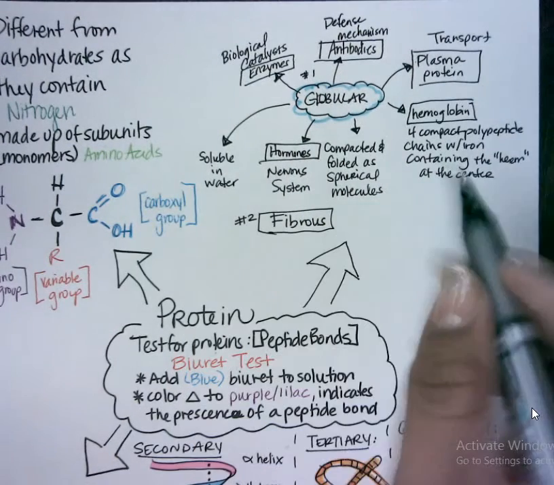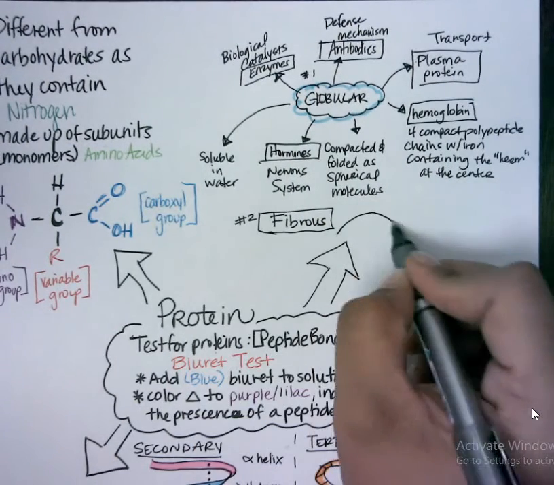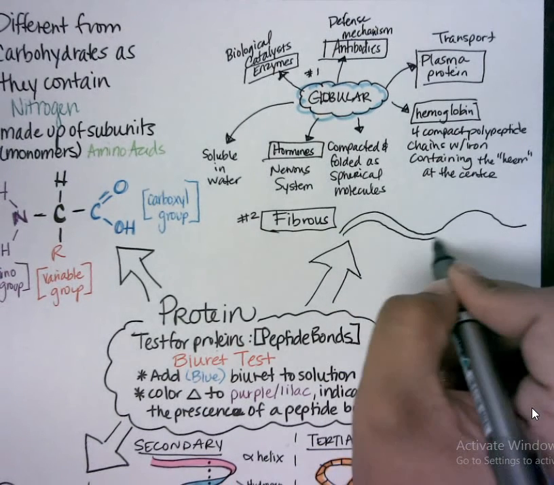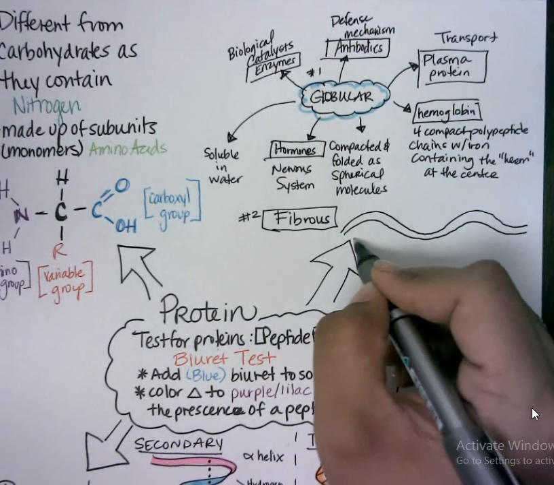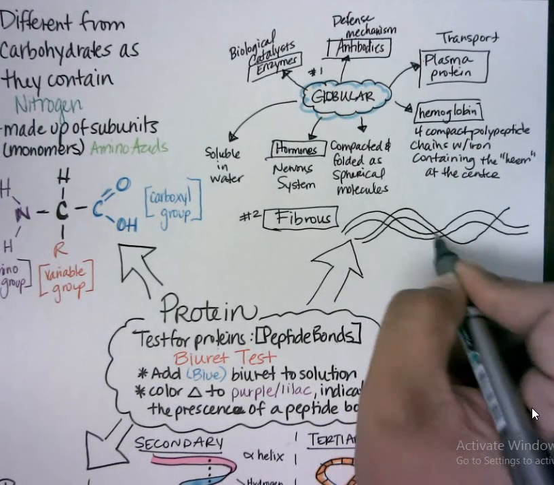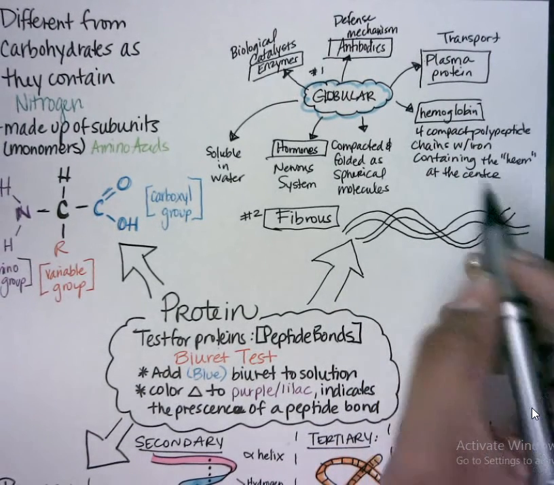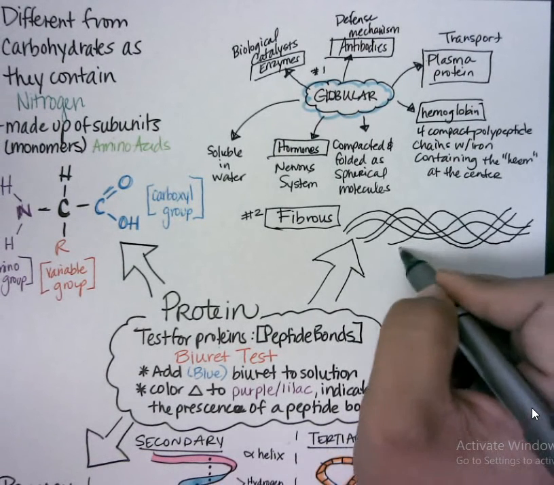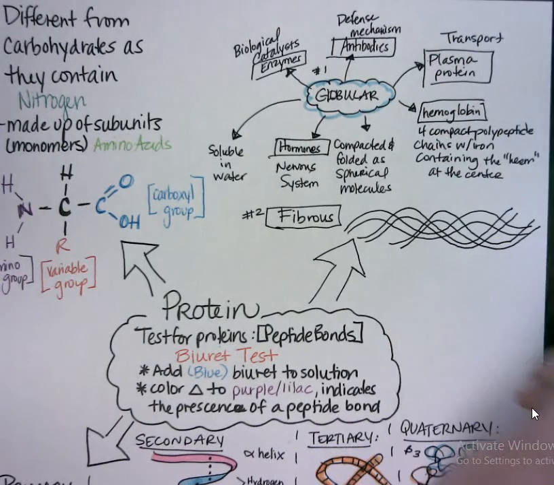And what this kind of looks like is a weaving of the proteins. So they kind of form like multiple ropes among each other. So it's kind of like a long rope, if you will. Okay, so those are fibrous.